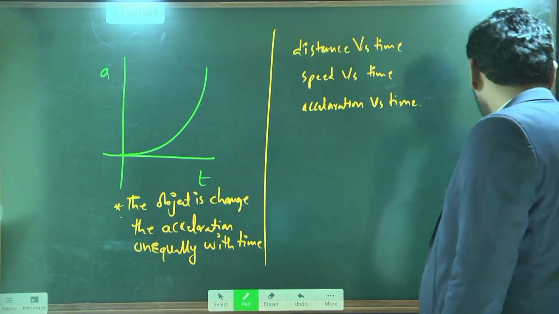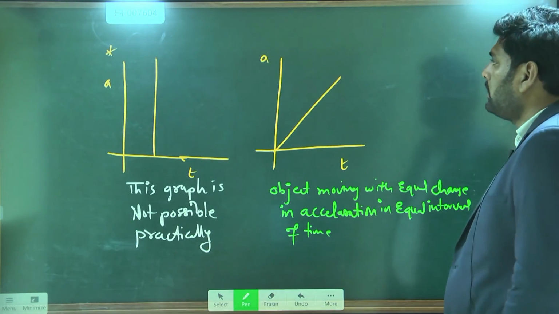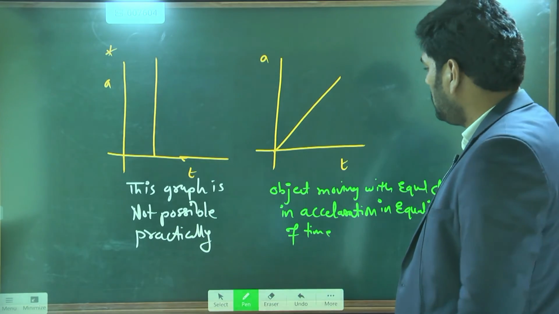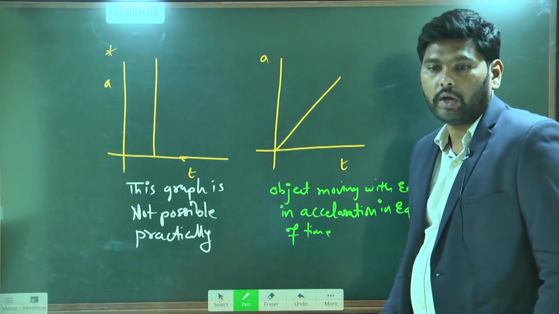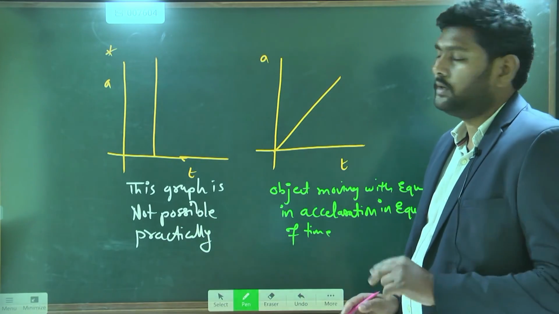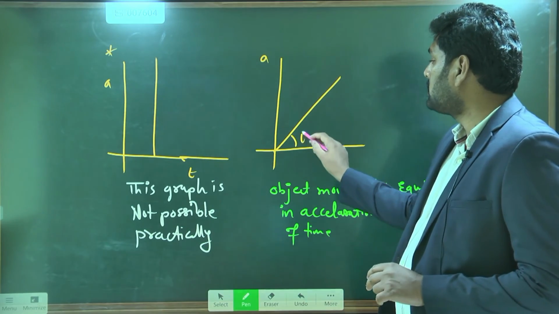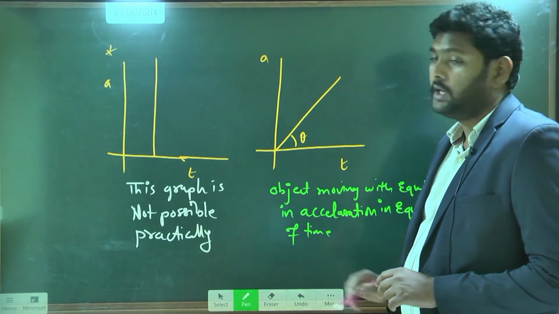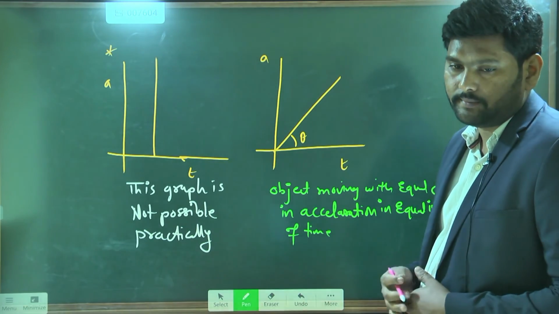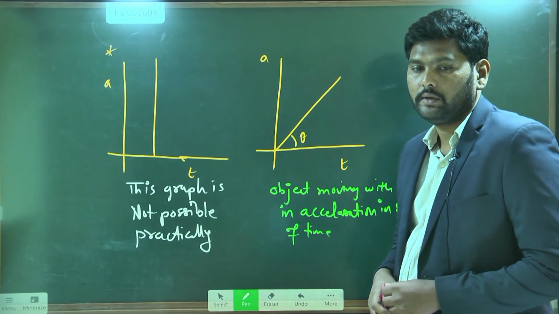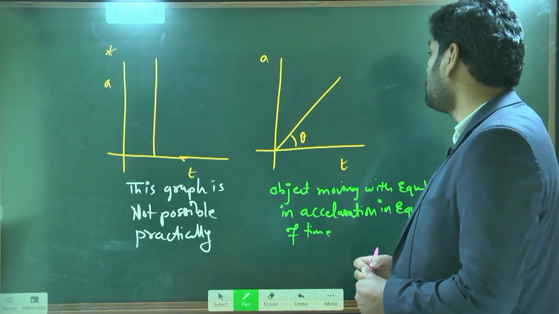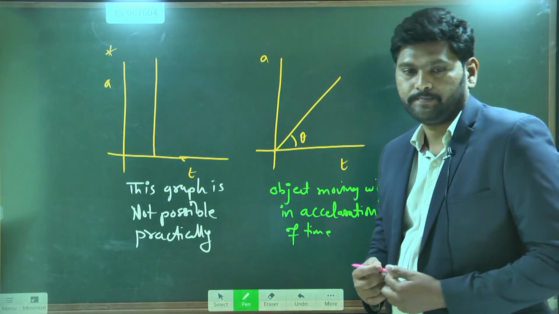Now observe this acceleration versus time. In this graph you have to observe two things again. One is the slope of this graph. One more is the area under the graph.